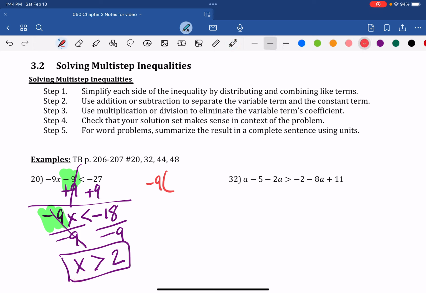So I want to pick a number that's larger than 2, and then look to see if I have a true statement. It'll help if I actually multiply correctly. And if I take 27 and I take away 9, I'm going to obviously get something that is less than 27. And so I do indeed have a true statement.